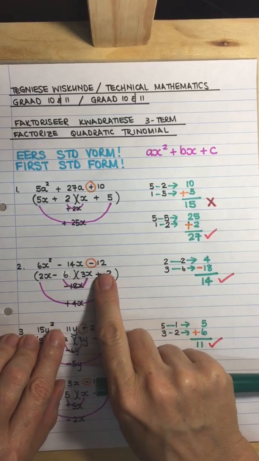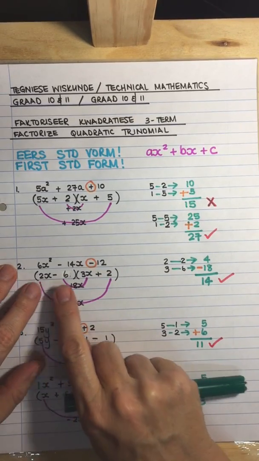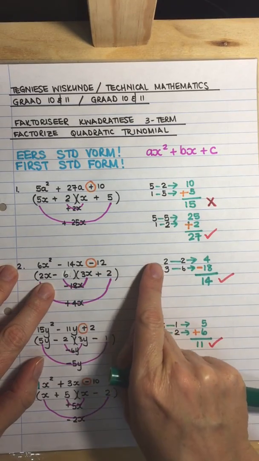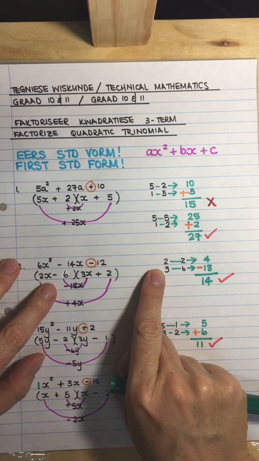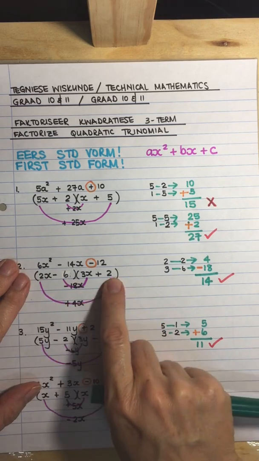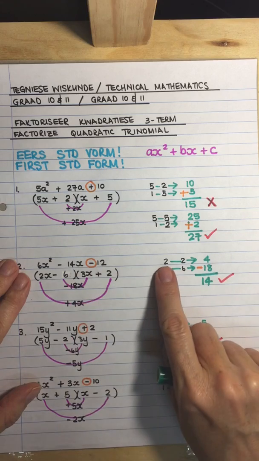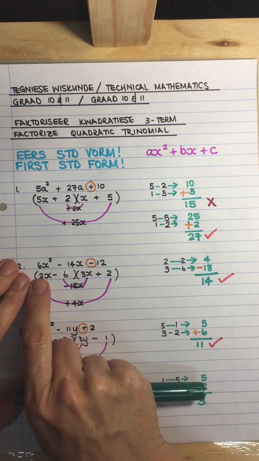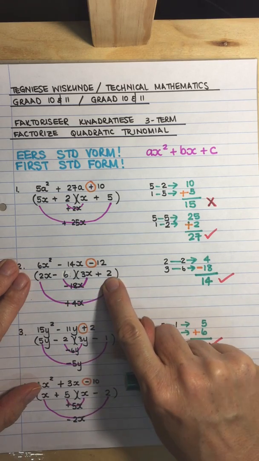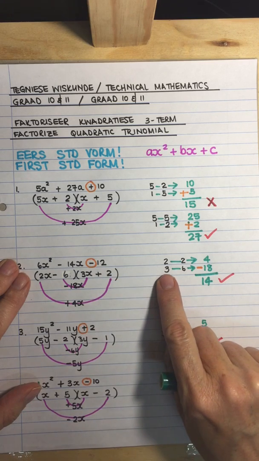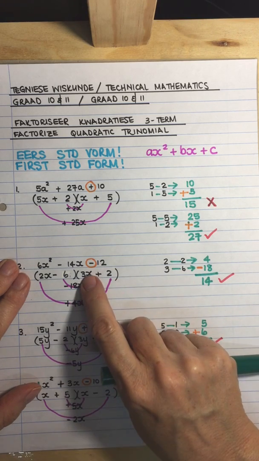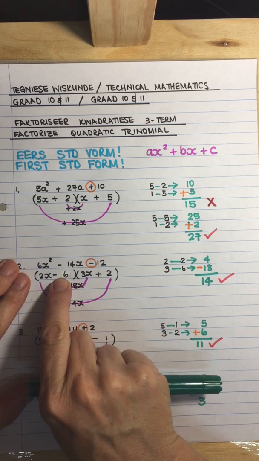I write down the two brackets. 2x and 3x gives me the 6x squared. Now I'm going to make the two arcs. 2 times 2 is 4, so the 2 is multiplied by another 2. And the 3 is multiplied by 6.